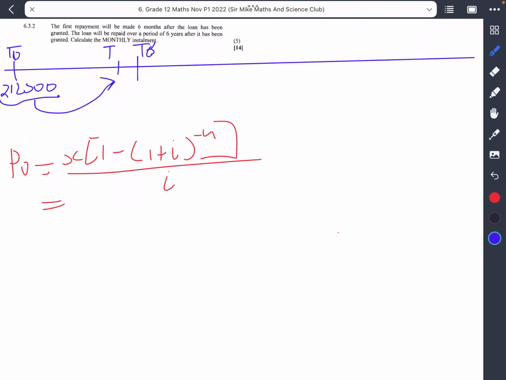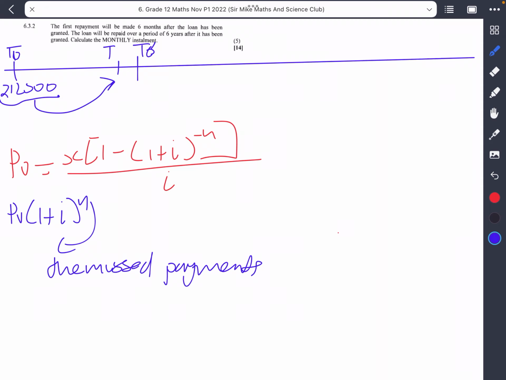The first payment was made at T6, so we grow our amount for 5 full months and find out how much we would have at T5. One month after that, we would start to make our first payment.